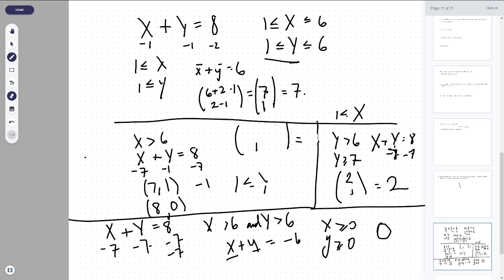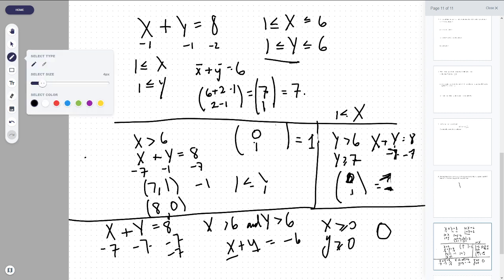We get 0 choose 1, which is 1, or actually here we get 0 choose 1, which is 1 again. Yeah, because we have to subtract off 1 because of the lower bound.